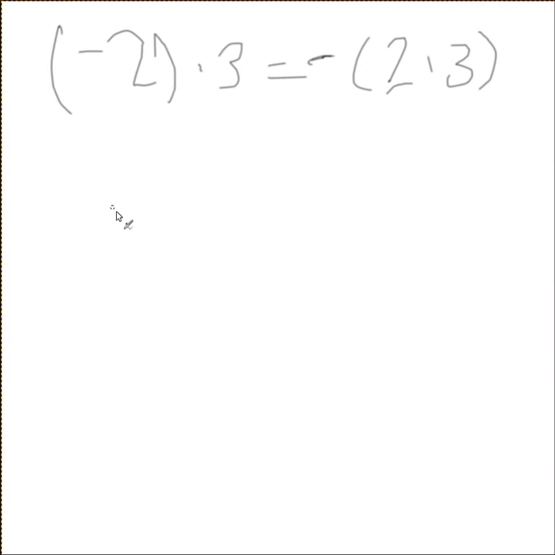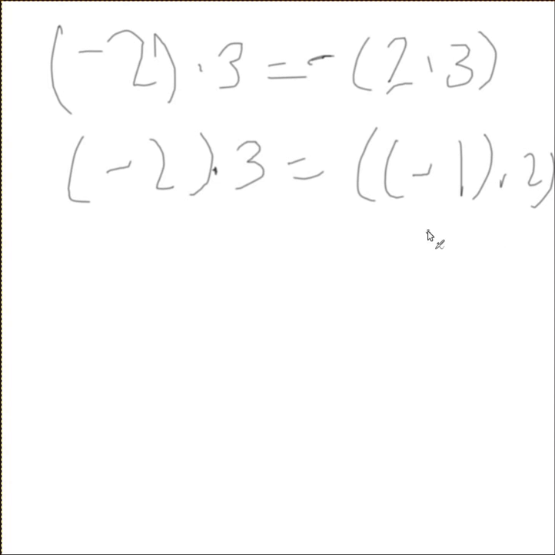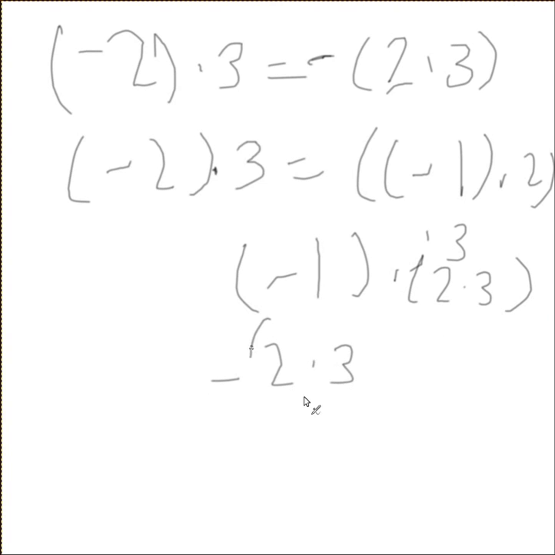So we have negative 2 times 3 equals negative 1 times 2 times 3. And we know negation is the same as multiplying by negative 1. So we can do that. Then we can use the associative property, negative 1 times 2 times 3, which is negative 2 times 3.